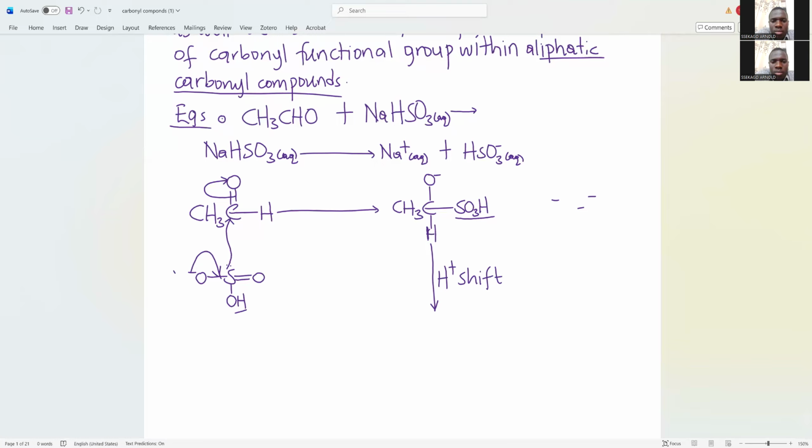So it shifts so that it goes where we have electrons up there. So we shall have CH3, C, OH, H, SO3 with a negative of that. Now the sodium ion is added to this so that we form a white precipitate.